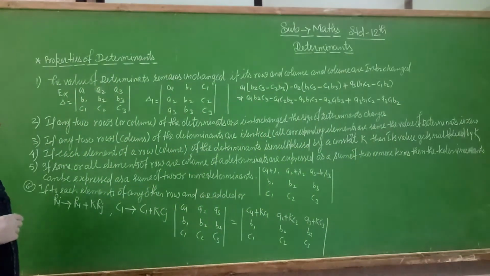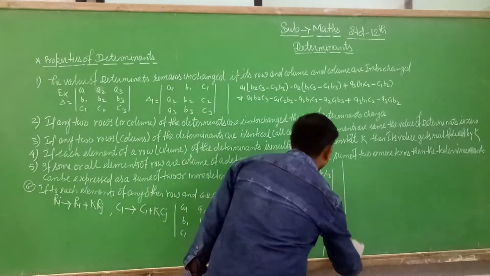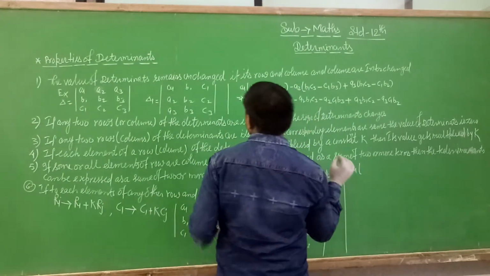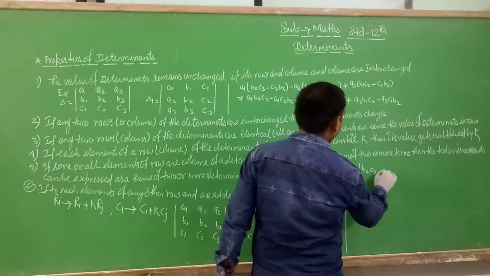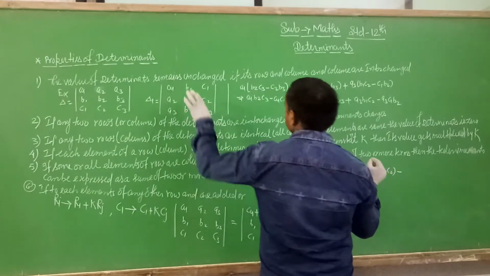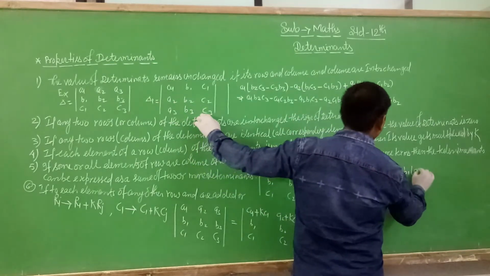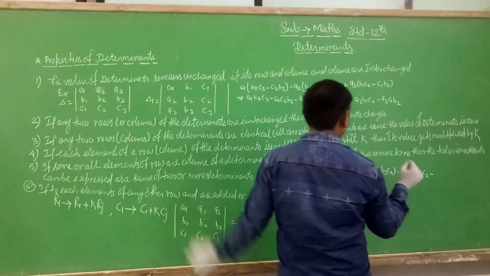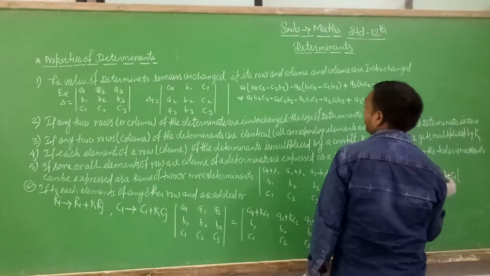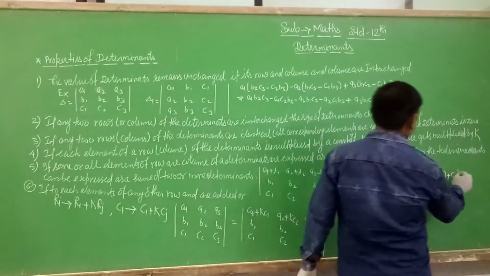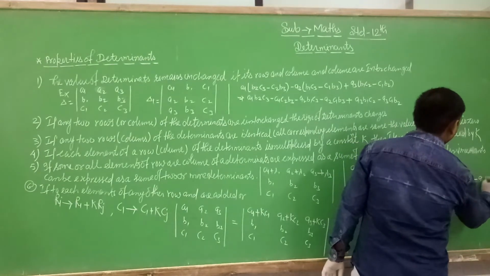In the case of the second determinant, you see here A1, B1, C1. After the expansion, this is equal to A1 times B2 C3 minus B3 C2, minus the second element B1 times A2 C3 minus A3 C2, plus the next element C1 times A2 B3 minus A3 B2.